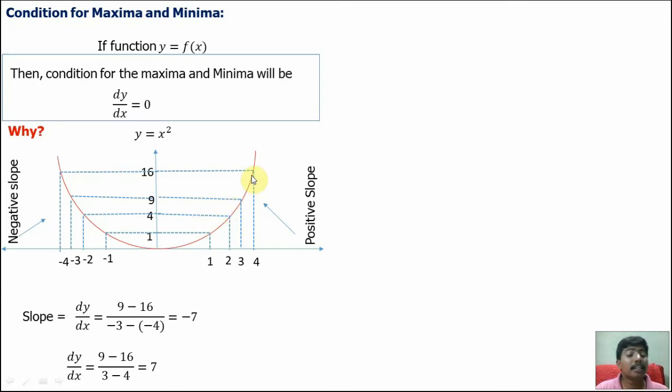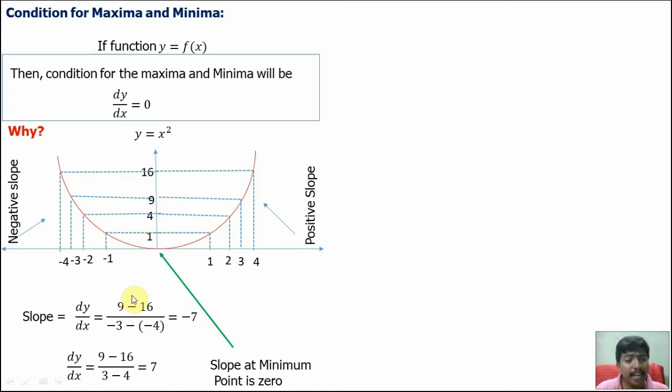The slope is increasing. The slope changes from negative to positive. So definitely at this minimum point, the slope will be 0. Slope means first derivative. So this is a minimum function.